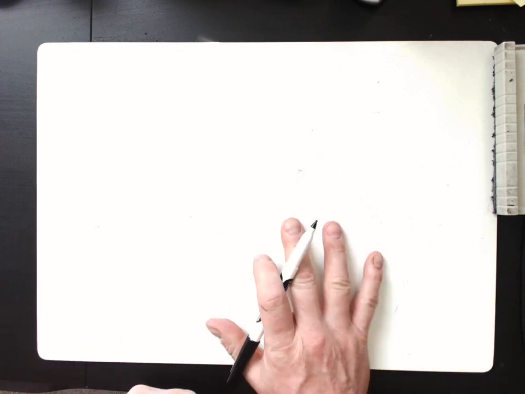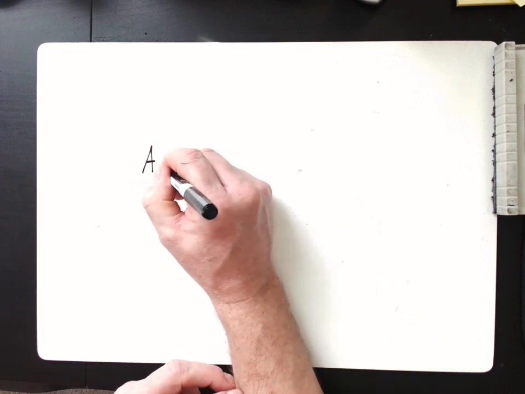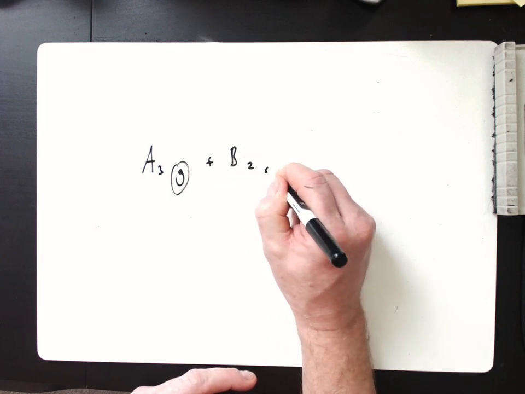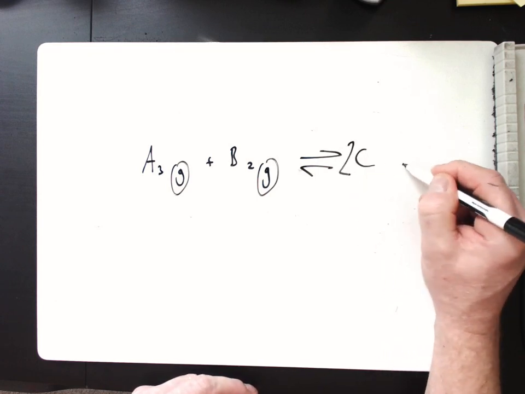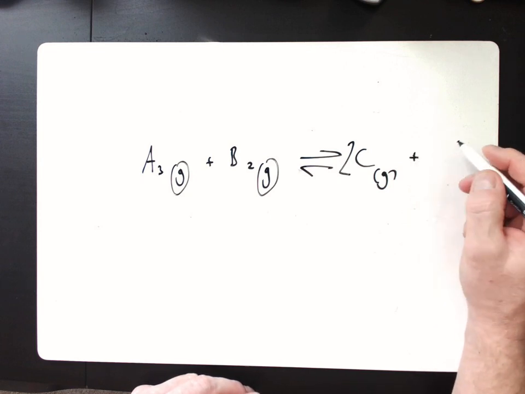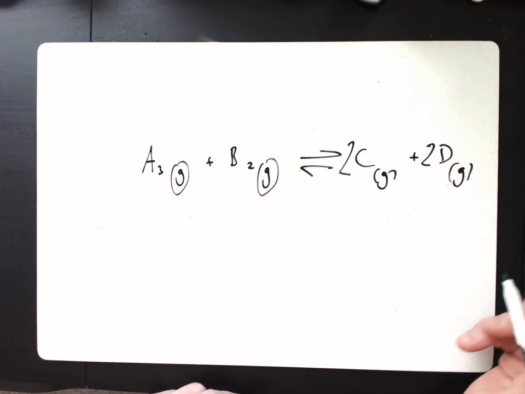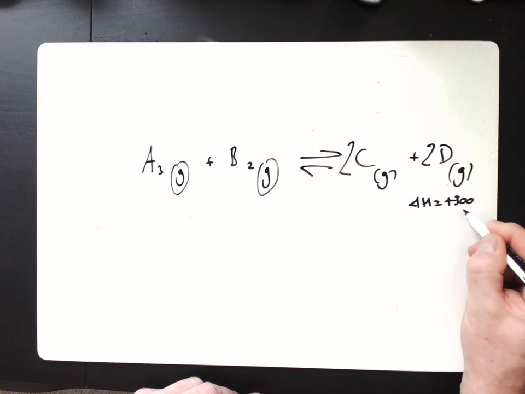So we'll take an example here. I'll just make one up and we'll check what conditions we would ideally want this to happen at an industrial level. So let's take good old AB sitting in equilibrium with C and D. Okay, and the examiner's told us that its delta H is positive 300 kilojoules.